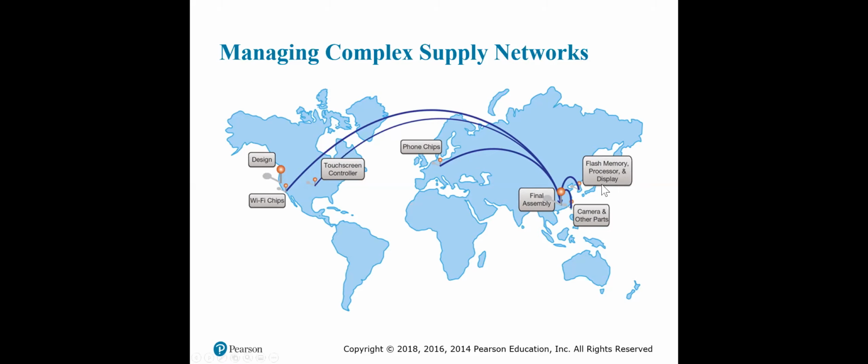And the display is sourced from the Korean company LG. And the phone chip is provided by a German company, and the Wi-Fi and GPS, global positioning system, are produced by US-based Broadcom. And all these components are assembled together in Taiwan or China.